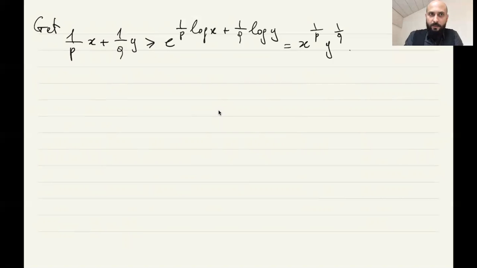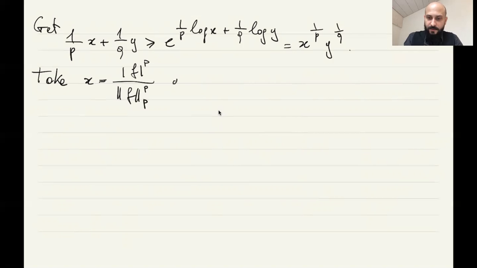Okay, so now we're going to take x to be the absolute value of f to the p divided by the p-th power of the p norm of f, and y, similarly, the absolute value of g to the q divided by the q-th power of the q norm of g.